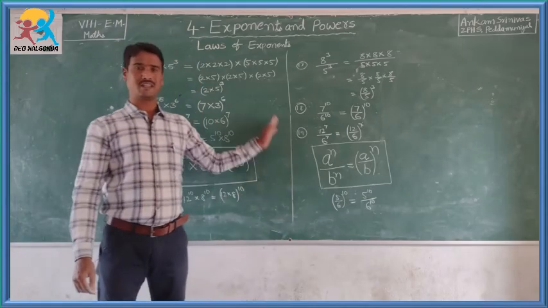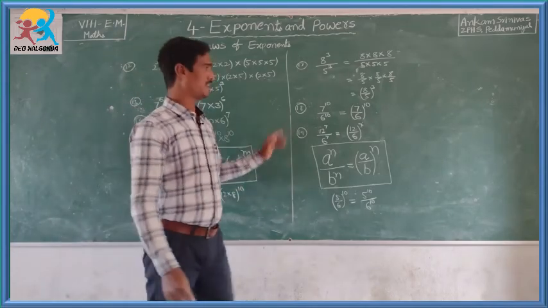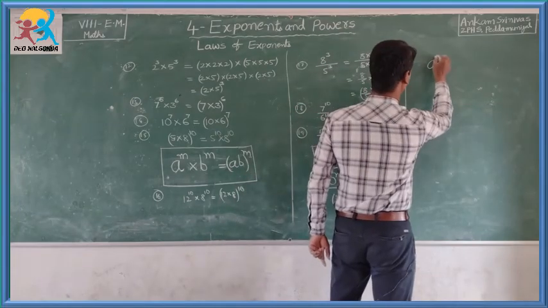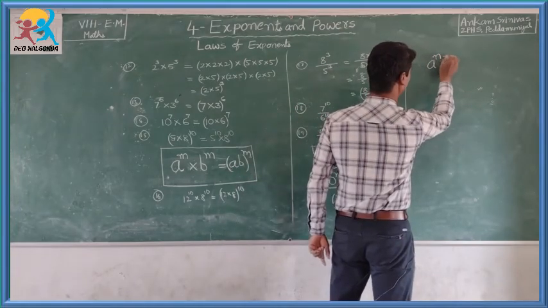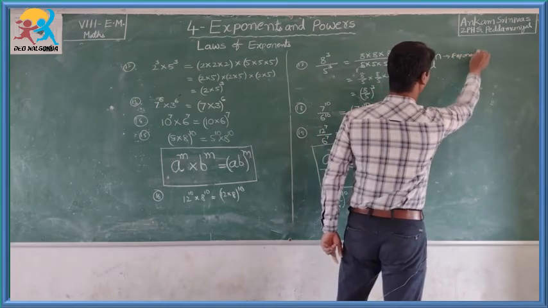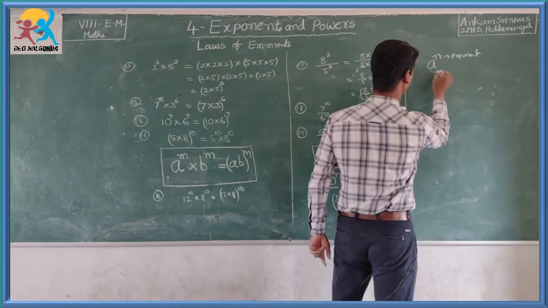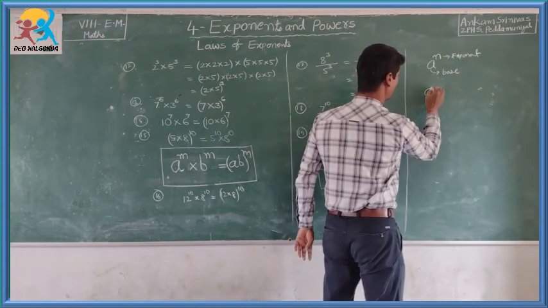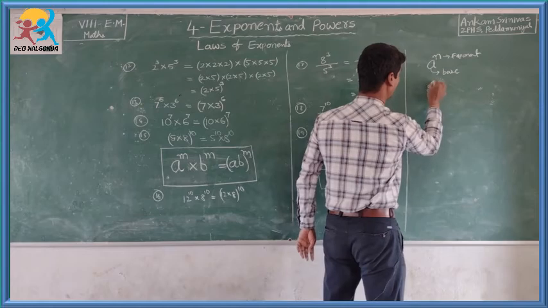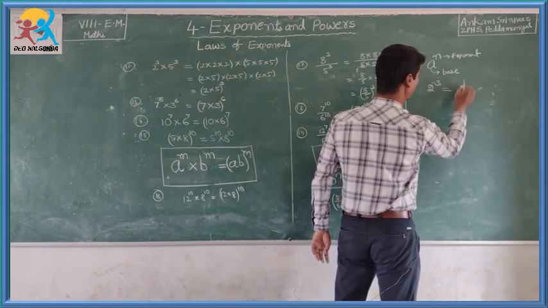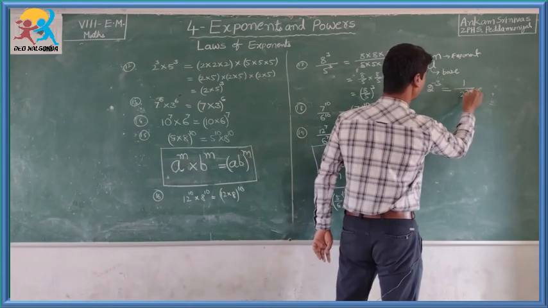So my dear children, we have learned in this session a power n. n is the exponent and a is the base, and for 2 power minus 3, the negative exponent, we have written 1 by 2 power 3.